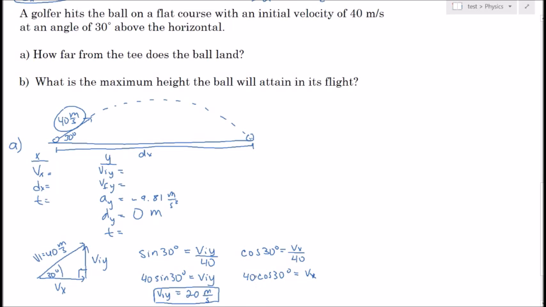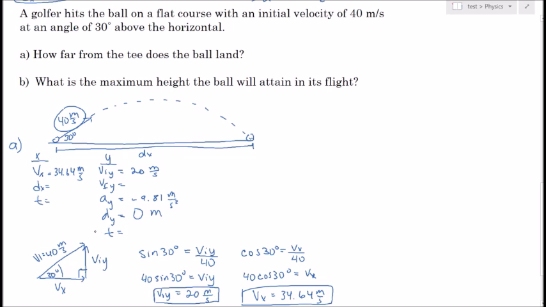So 40 times the cosine of 30 is 34.64. So now we know our Vx and our VIY.